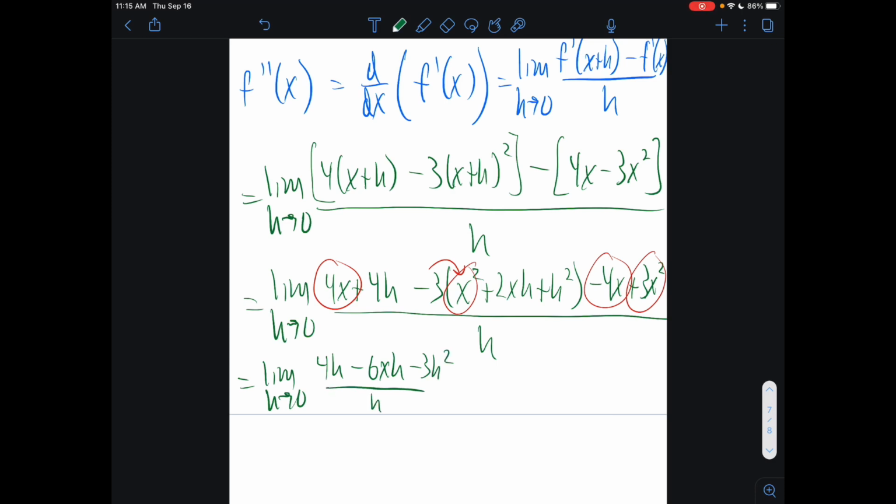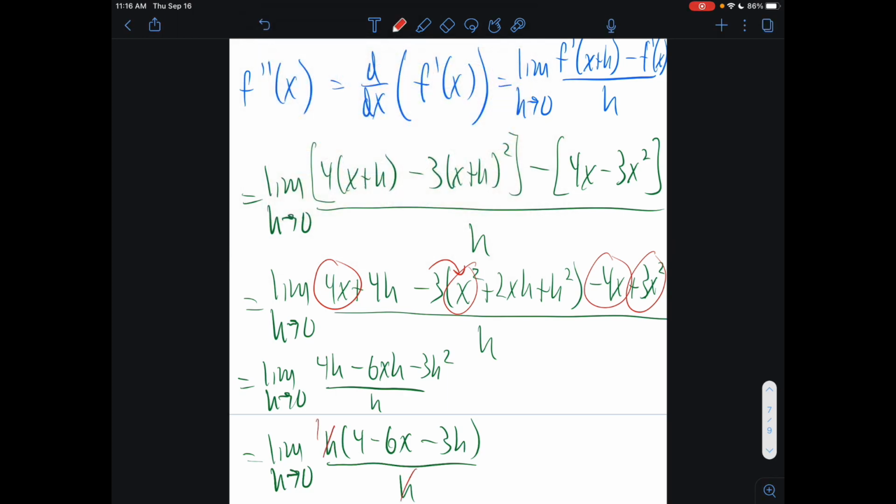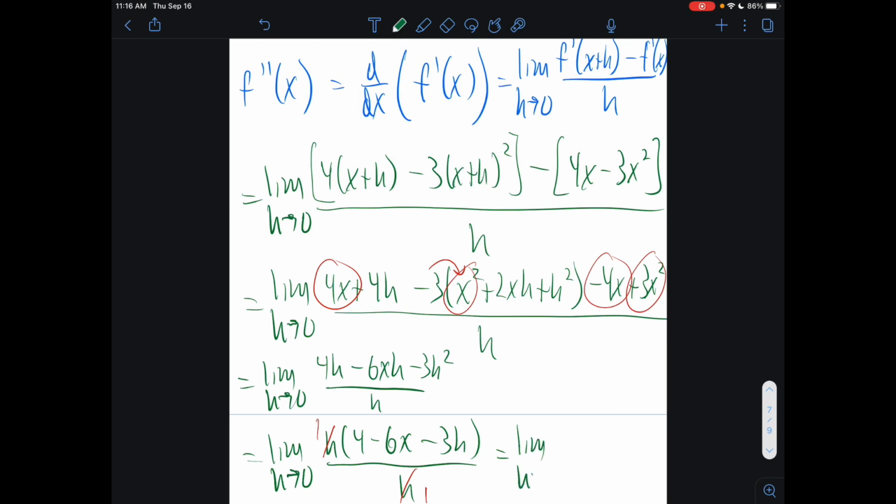And now we can see that we can factor out an h. Now I can cancel out the h's by division, and I'm left with the limit as h approaches 0 of 4 minus 6x minus 3h.